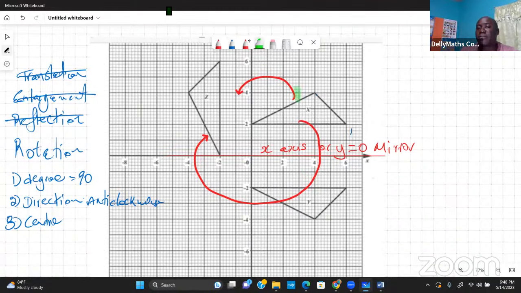So I'm following this. And not only that, about the center, about 0, 0, or what we call the origin. Yeah. So one description of this could be that this is a rotation of 90 degrees in an anti-clockwise direction about 0, 0, which is the origin.